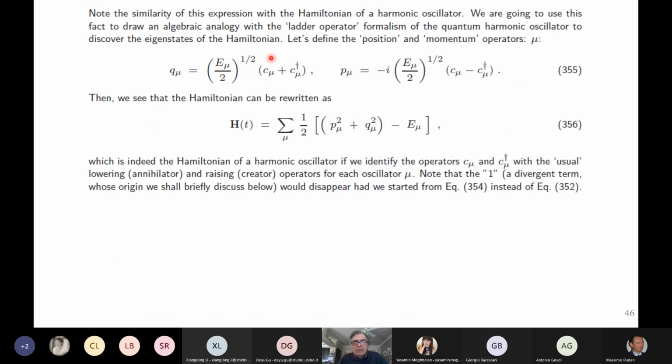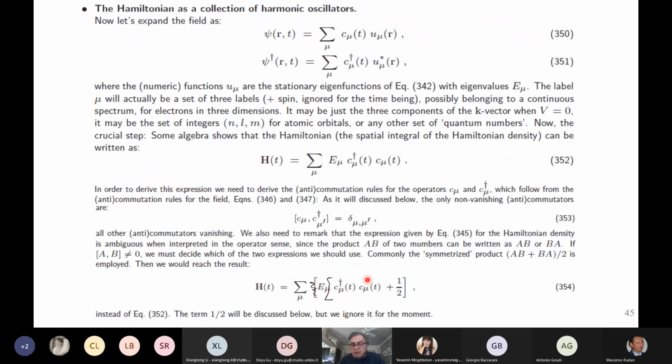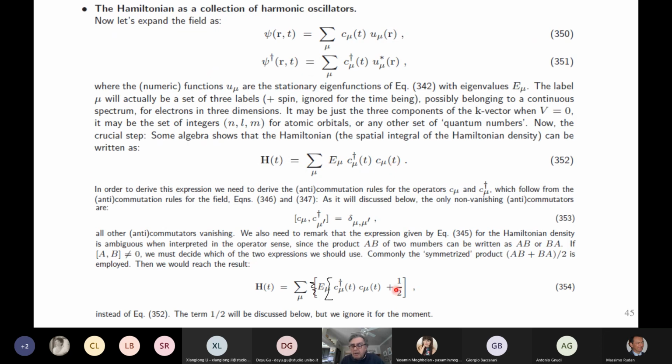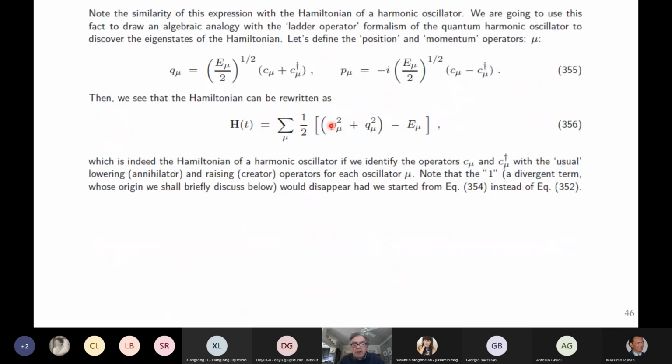If I define it like this, with simple algebraic manipulation, I can rewrite this Hamiltonian, which is the Hamiltonian of these particles, which are the exact solution of my problem in the absence of a potential, this way. It is just the Hamiltonian of a harmonic oscillator, 1/2 p mu squared plus 1/2 q squared. And then I'm subtracting out the energy of the ground state when I take away the 1/2 that I have over here, which is 1/2 e mu.